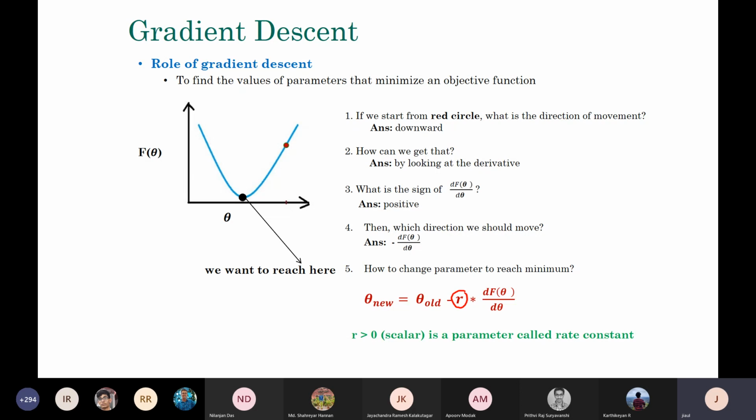Because ultimately you want to find your local minimum as quickly as possible. So r controls that jump. If the value of r is big, you can descend quickly. There are problematic consequences, which you're going to see later in the next slide. But this is the primary role of r.